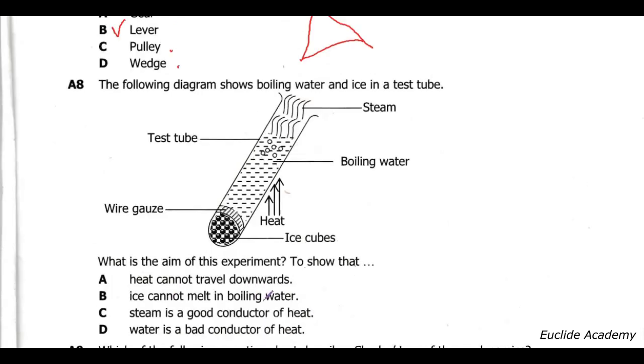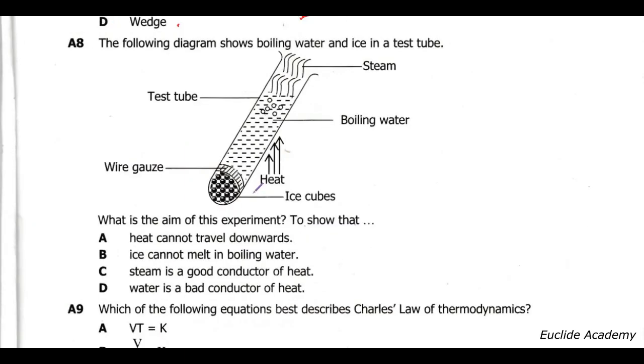Let's analyze this experiment. You've got ice cubes down, a wire gauze there, heat being applied to water, and the water is boiling. Then you've got steam. So in this experiment, what is the aim?